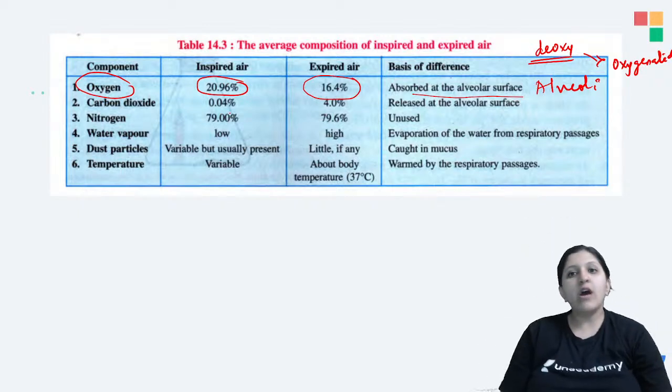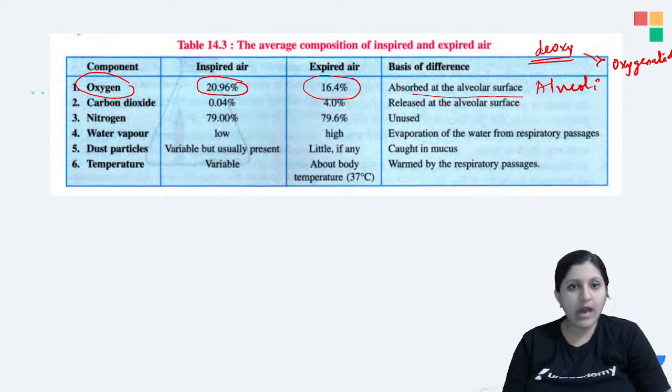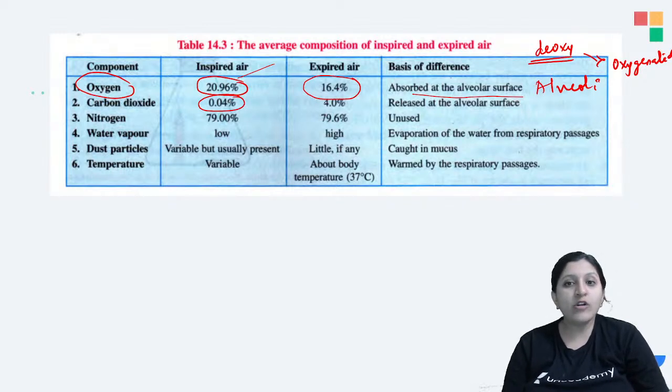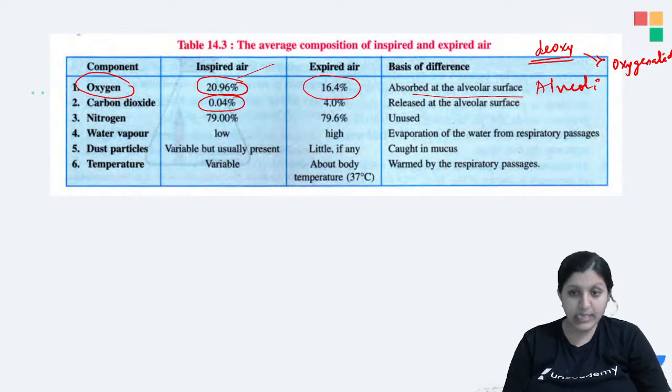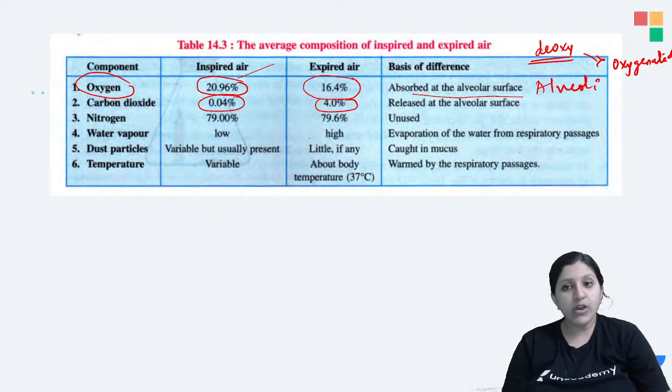Now the carbon dioxide content in inspired air is about 0.04%, and in expired air it is about 4%.